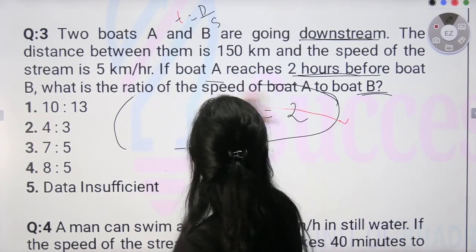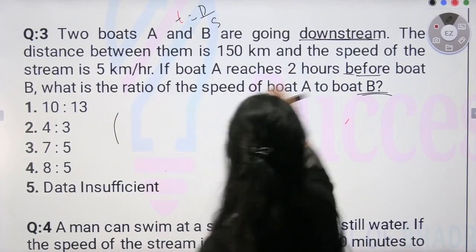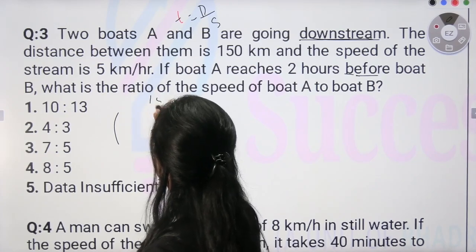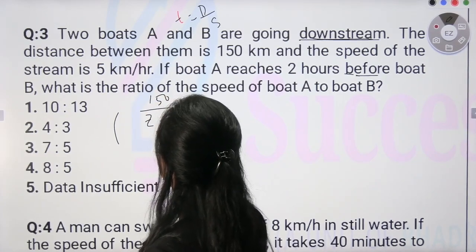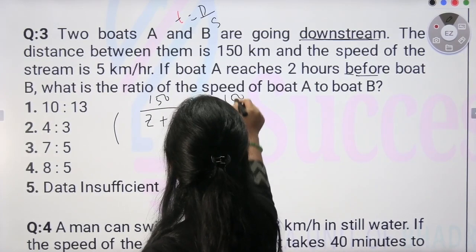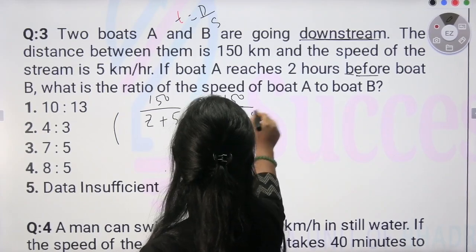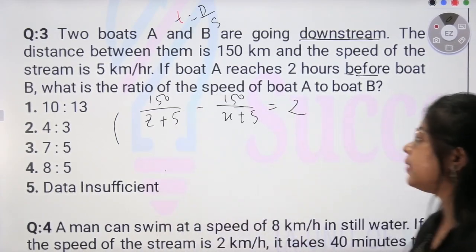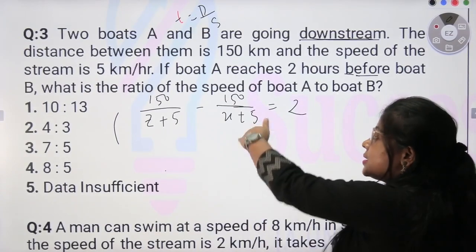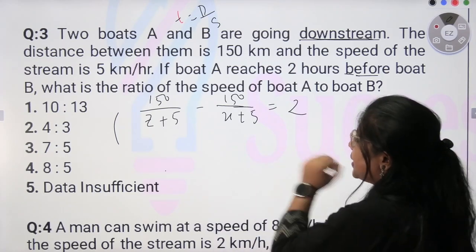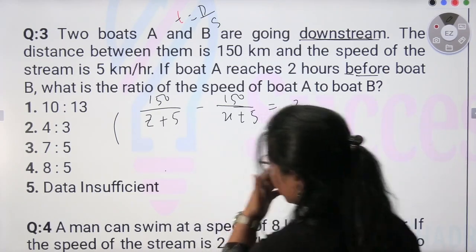So if B is taking more hours, then my equation will be this: 150 by Z plus 5 minus 150 by X plus 5 is equal to 2. Now my equation is correct because A is taking lesser time than B, isn't it? So A is taking lesser time than B because A reaches earlier.